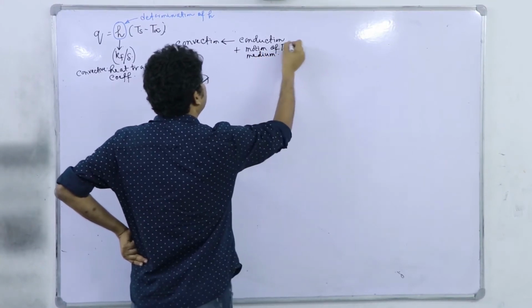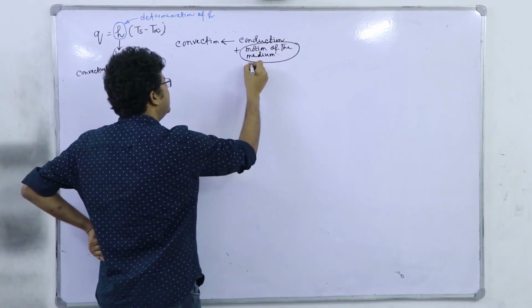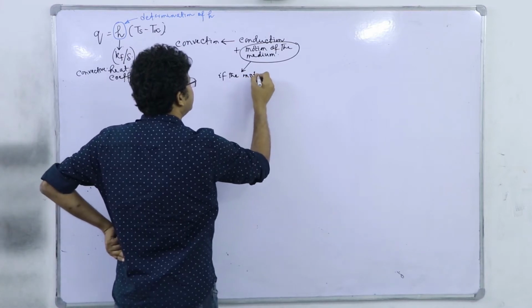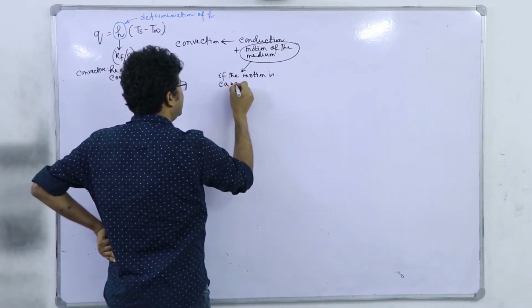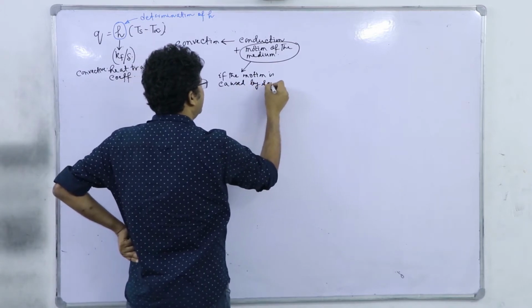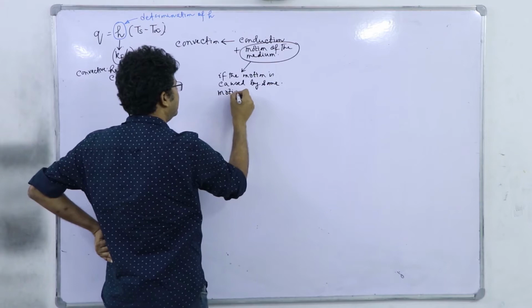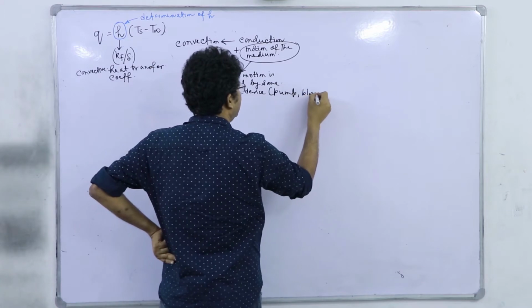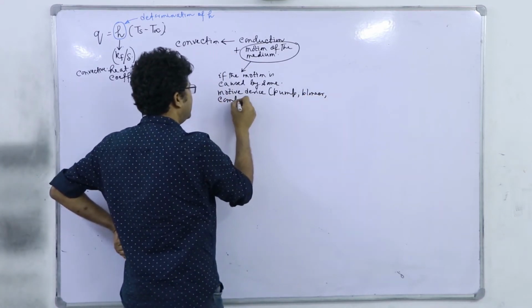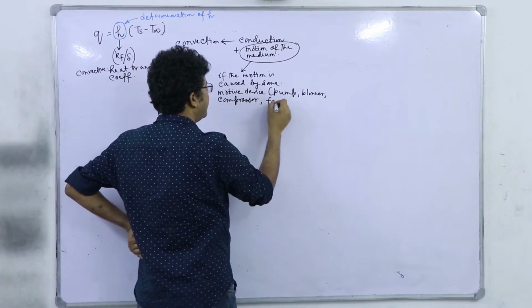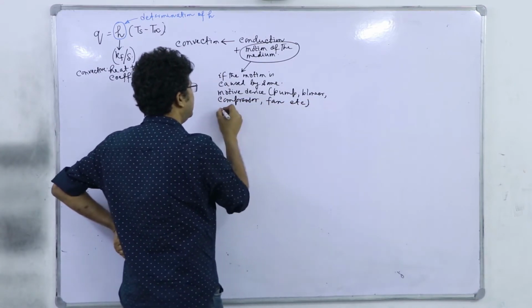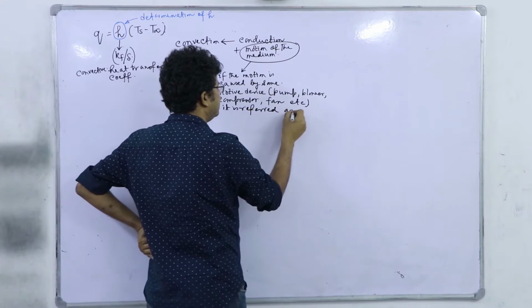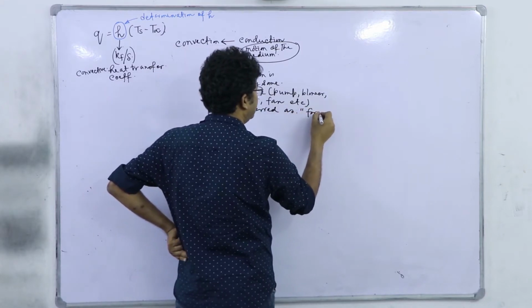Now, if the motion of that medium is caused by some motive device like a pump, blower, compressor, fan, etc., it is referred to as forced convection.